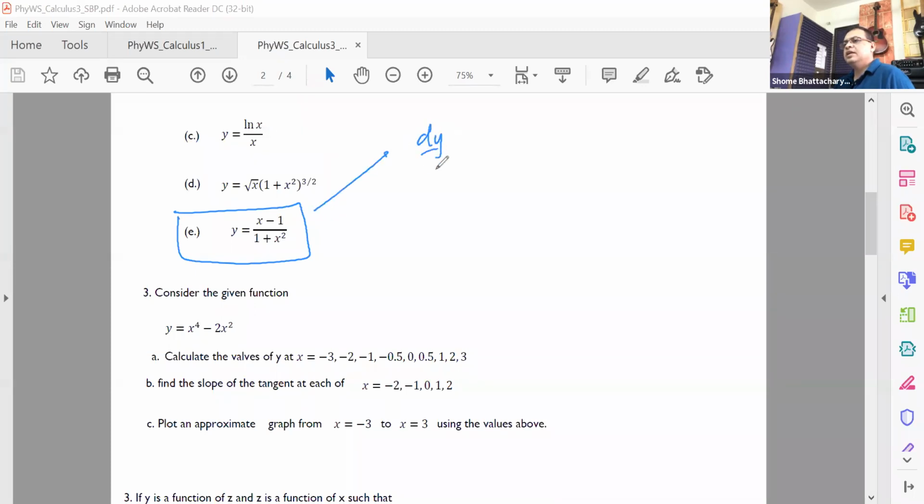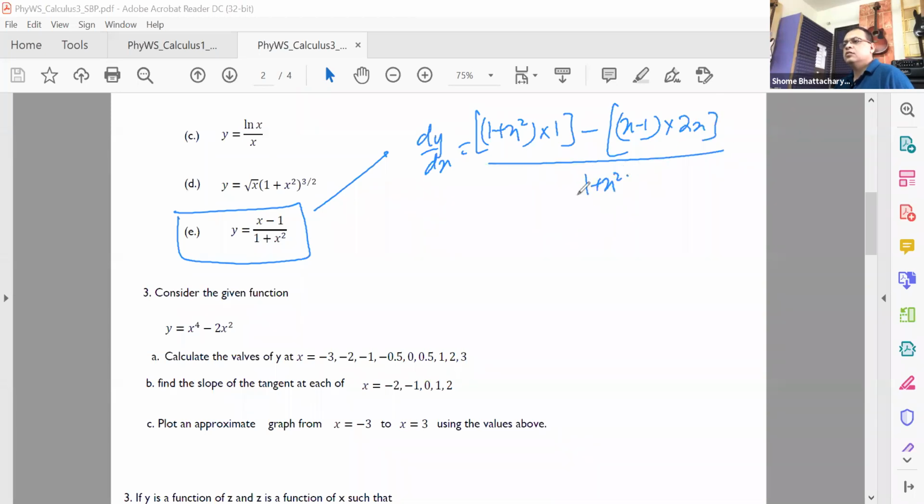So dy by dx will become denominator, that is 1 plus x square, into differential of numerator. So differential of x minus 1 is 1. Minus numerator, that is x minus 1, into derivative of 1 plus x square, which is 2x, divided by the denominator whole square. Now we have to just patiently solve this.